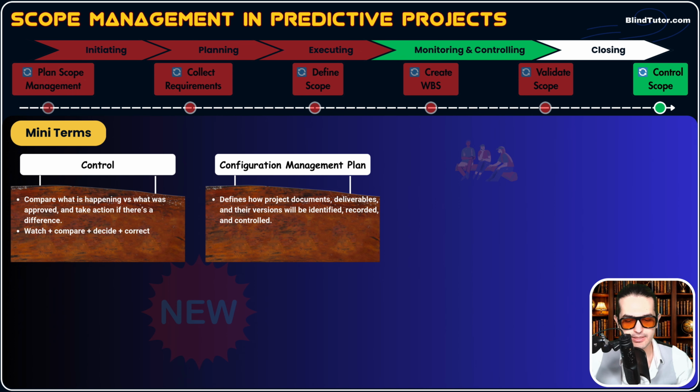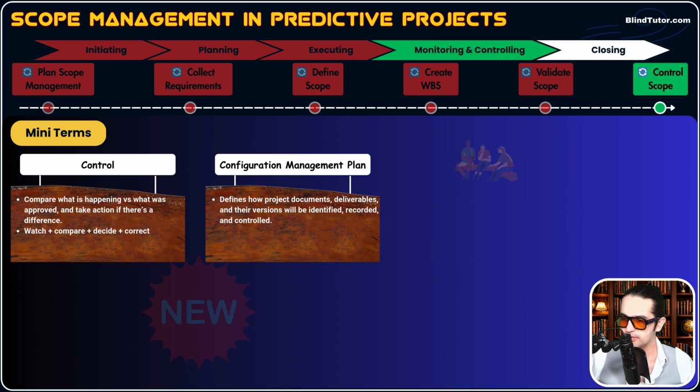Configuration management plan is a how-to guide for configuration. Okay, it defines how project documents, deliverables, and their versions will be identified, recorded, controlled. Where should you find different versions? These are all recorded and mentioned in configuration management plan.